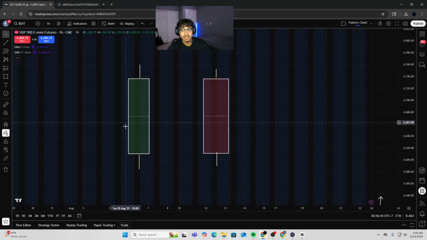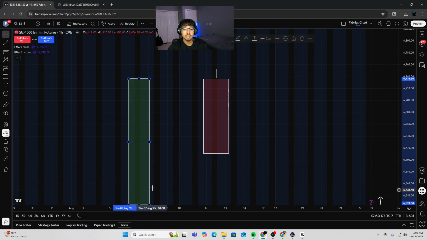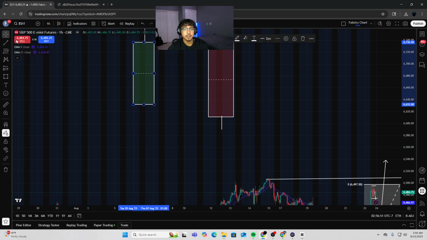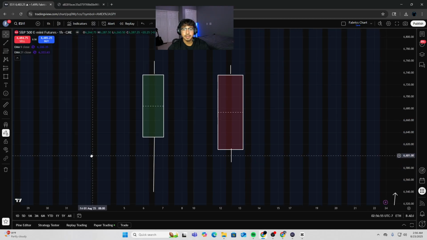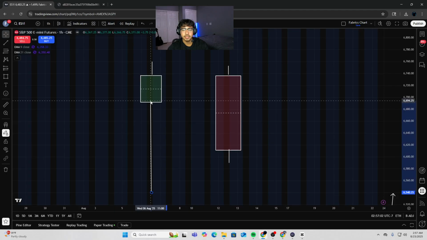So if it moves like this and then starts forming back up, it forms this wick trail. That's how you get those big trails. That's how the wicks are formed.